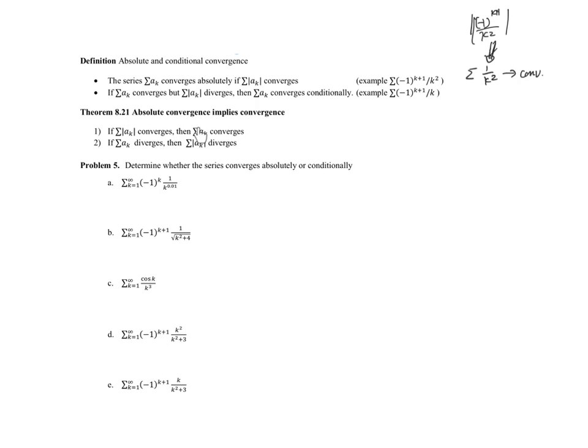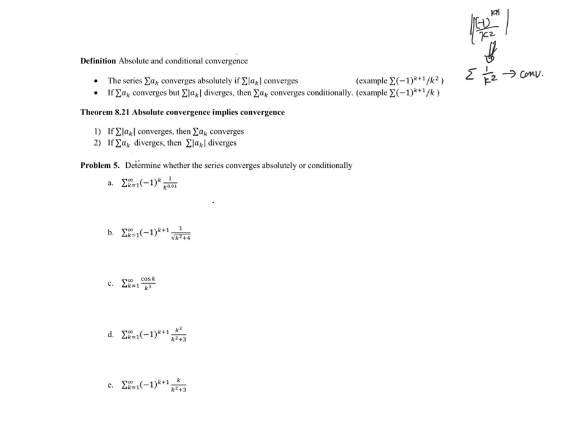Because summation AK may have some terms with negative sign, so its summation should be less than the summation of absolute value. Similarly, because we do know this guy is always greater than this guy, if this guy diverges, this is even larger, so therefore it must diverge as well. So those are the terms and one theorem.